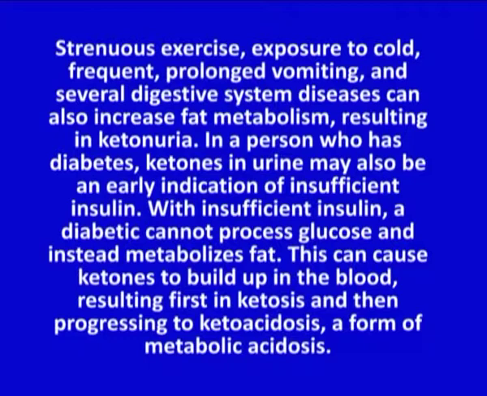With insufficient insulin, a diabetic cannot process glucose and instead metabolizes fat. This can cause ketones to build up in the blood, resulting first in ketosis and then progressing to ketoacidosis, a form of metabolic acidosis.